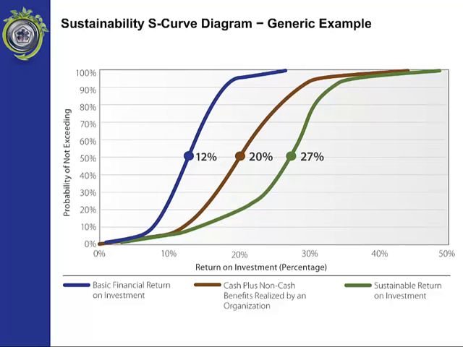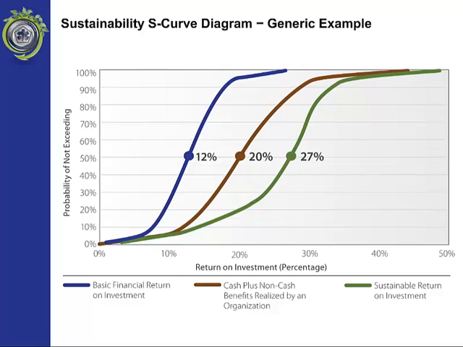This diagram delivers the complete triple bottom line results in one image and has been very well received by project owners using SROI. The y-axis on the left represents the likelihood of a specific outcome, while the x-axis at the bottom, in this case, depicts the return on investment metric that can also represent the net present values, internal rates of return, or the financial metric of interest.